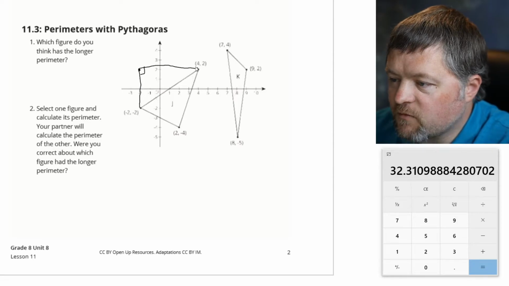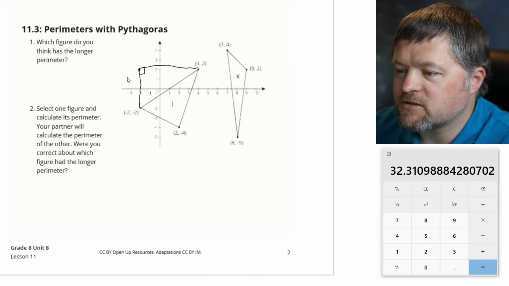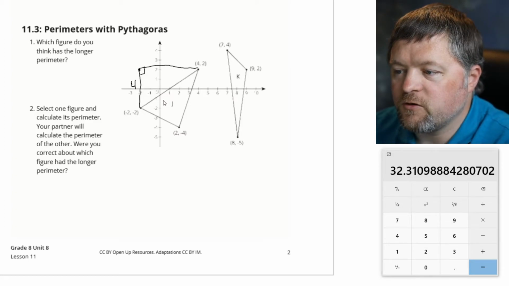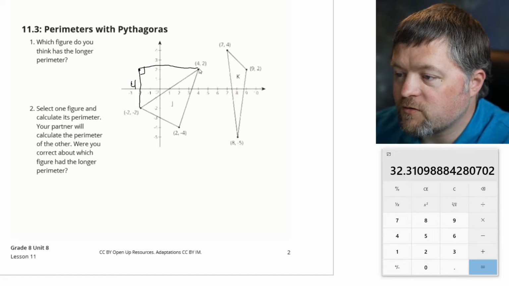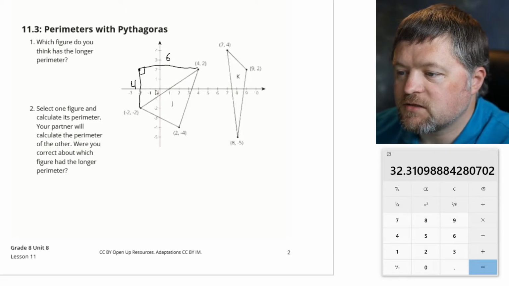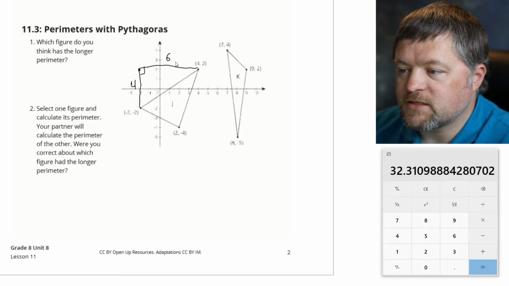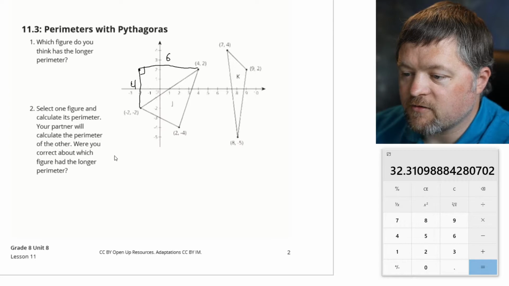This distance goes from -2 to +2 because the y value here is -2, the y value here is +2. That is 4 units. Our x value goes from an x value of -2 over to an x value of +4, which is 6 units.